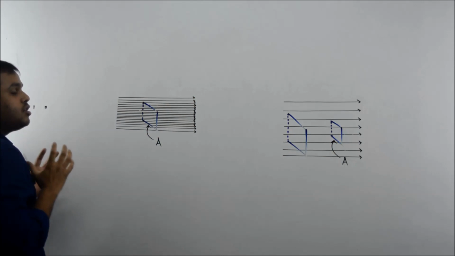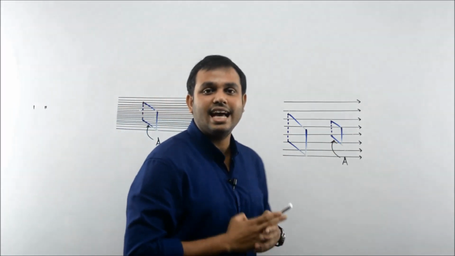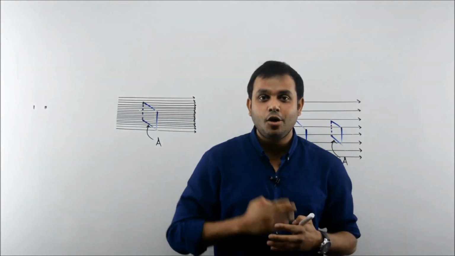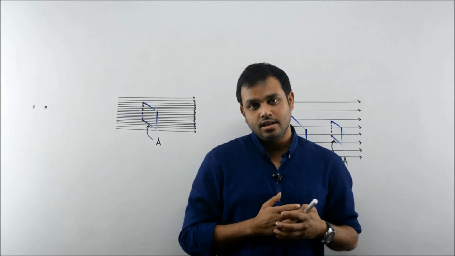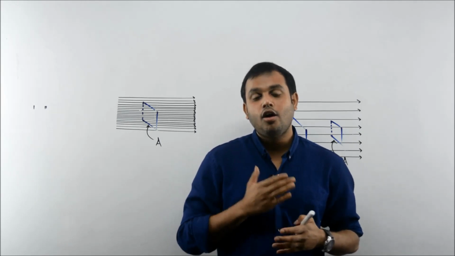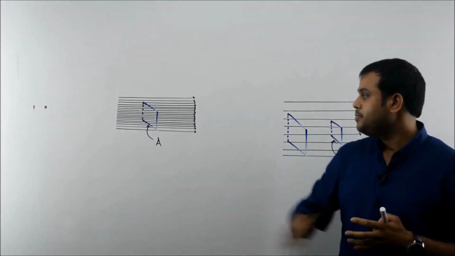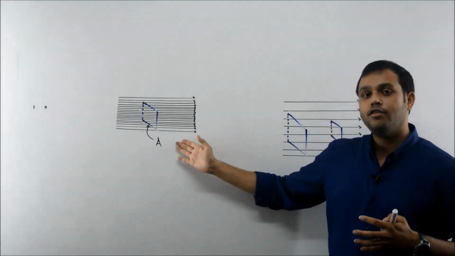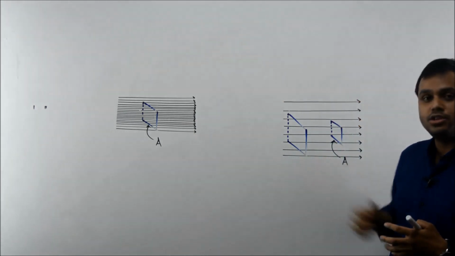Clear, students? That means the electric flux through a surface also depends on the strength of the electric field. Clearly you can see that in this region the strength of electric field is more in comparison with this region.